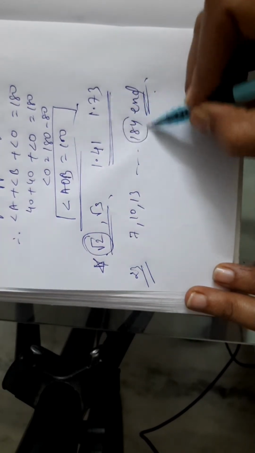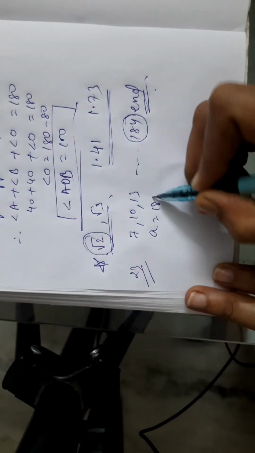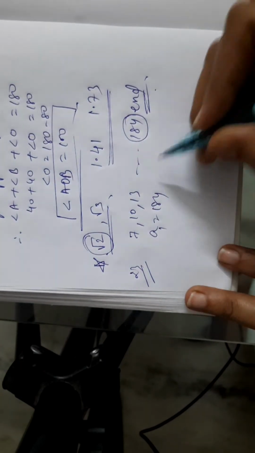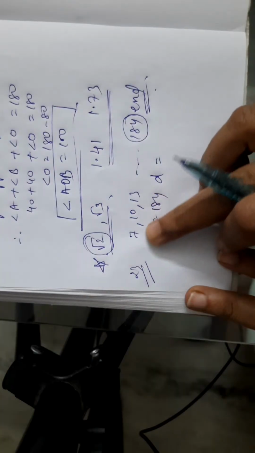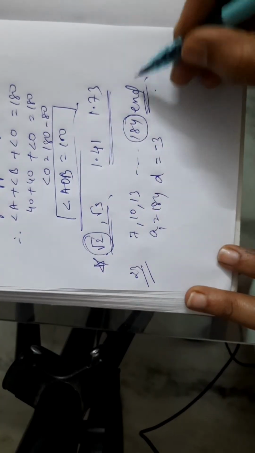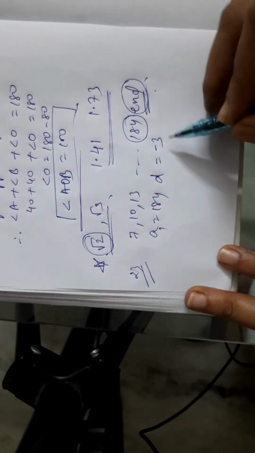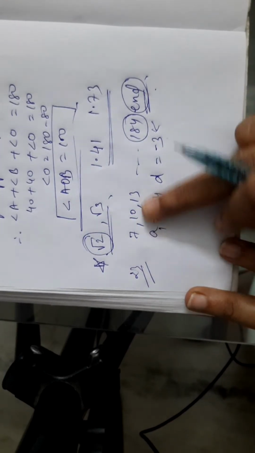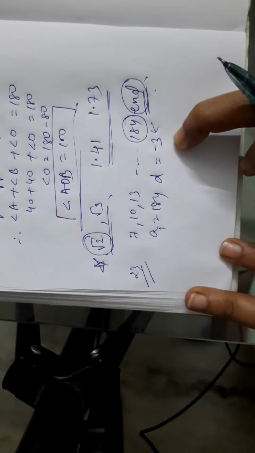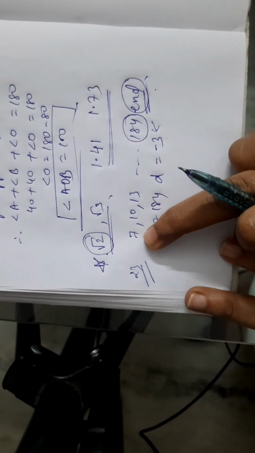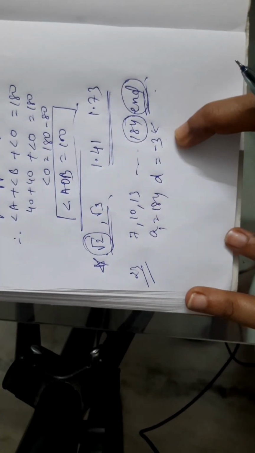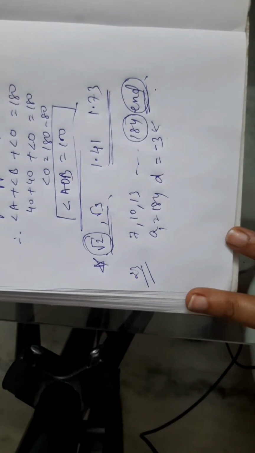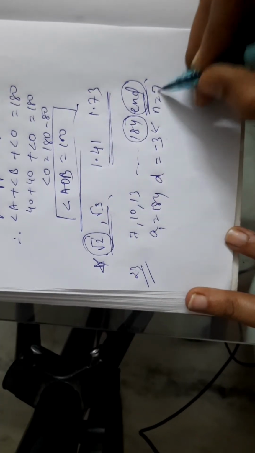From the end we need to find out, so this will be our first term. A is 184. Common difference: 10 minus 7 is 3. Whenever we calculate from the end, the common difference will be taken just opposite. Whatever value you are getting, we'll be taking the opposite. 10 minus 7, I got 3, but we will use it as minus 3. Next, seventh term, so n is given 7.